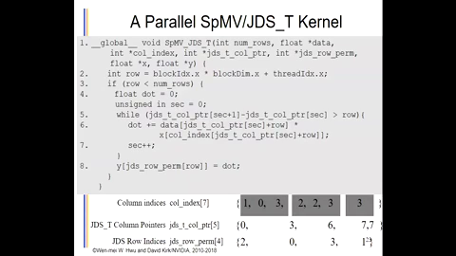And then we do the inner product. We say, okay, we're going to have dot equal to 0, and then we're going to have a section, which is essentially the iteration index. We start with that iteration index as 0, and then we enter this while loop. So every thread is going to continue until the end of that column, right?